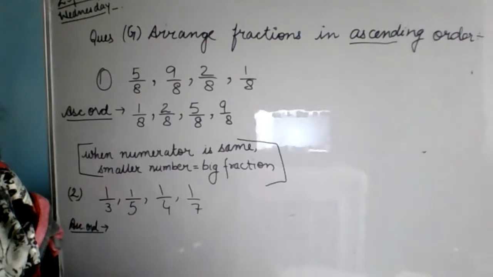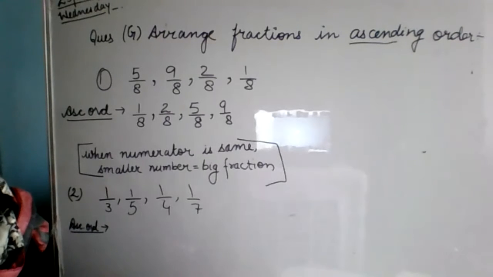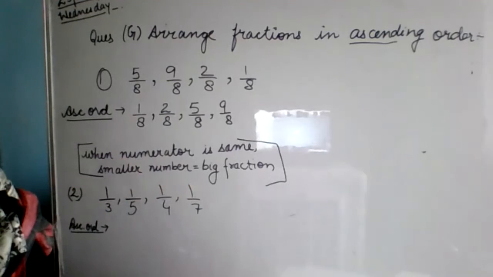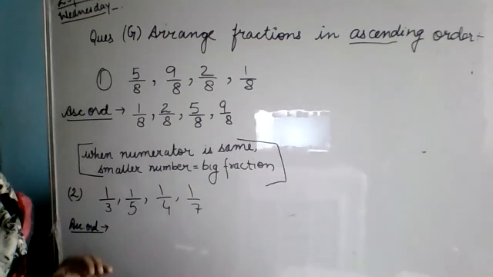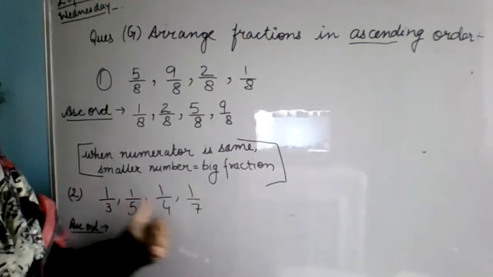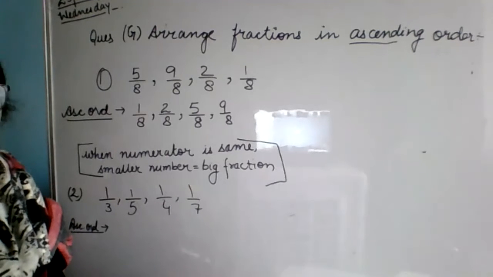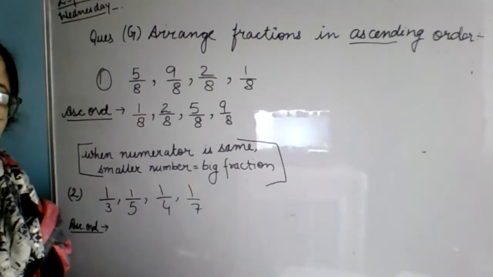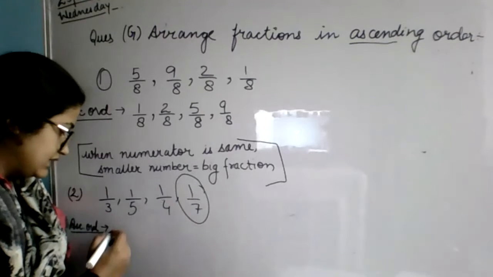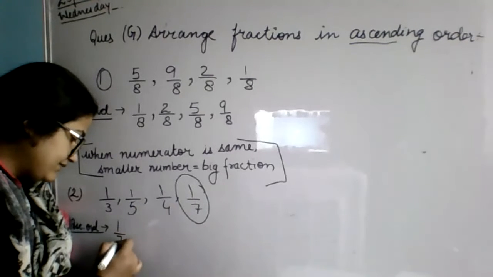Which will be the smallest one? According to it, smaller number becomes a big one and big one becomes a smaller one. Ascending means arranging from smaller; we have to find out the smallest fraction. The biggest fraction will be the smallest one. That is 1 upon 7.